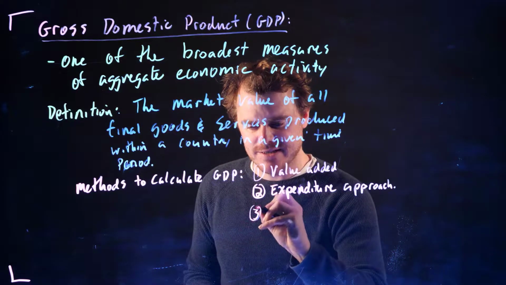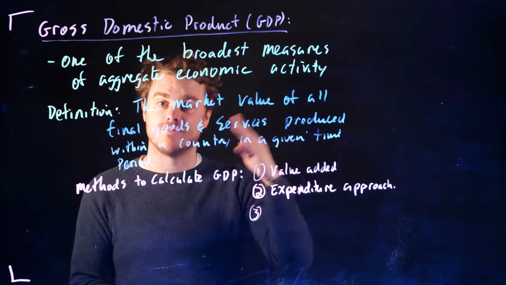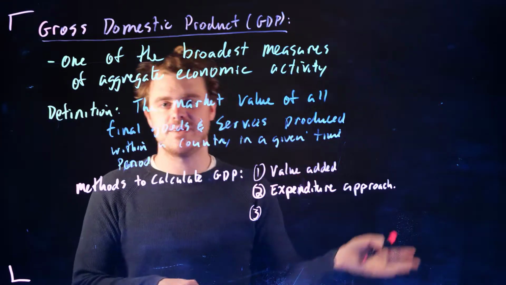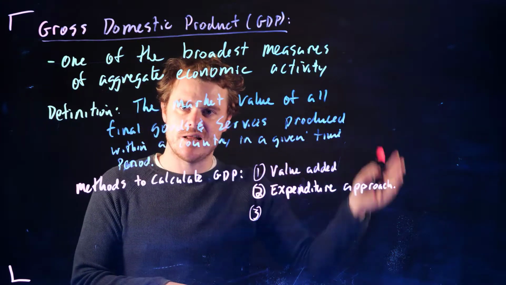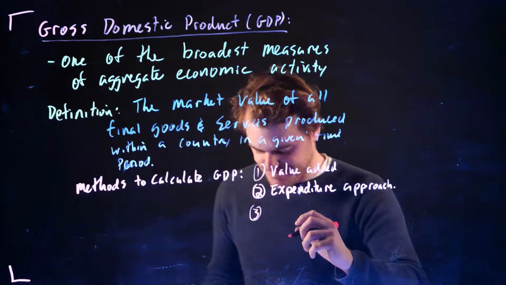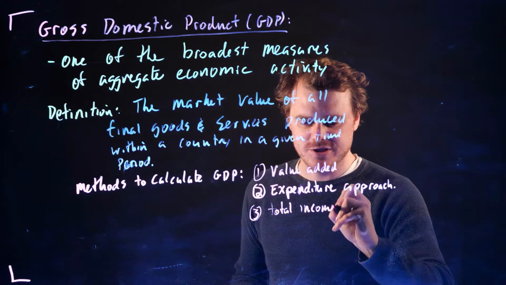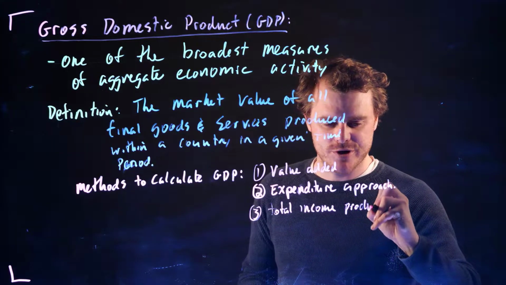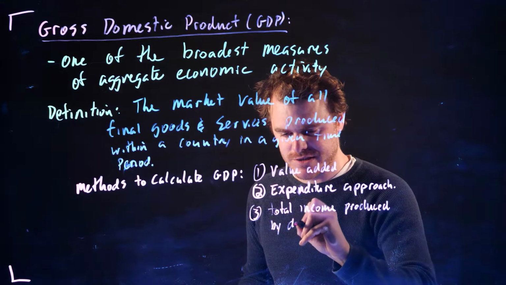That's one side of the income and expenditure circular flow. And the final method is from the other side. So the expenditure side, then we had the income side. So the income approach is total income produced by domestic production.